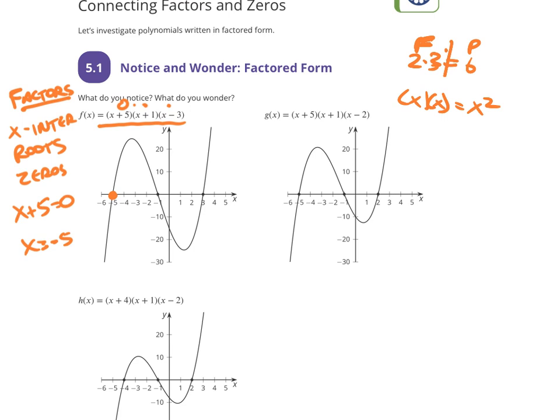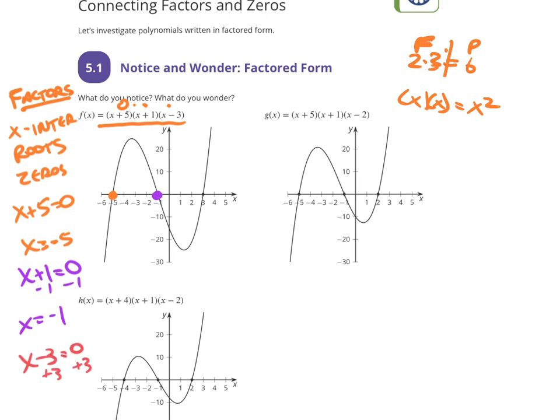Then we take our next factor, set that one equal to 0. Subtract 1 from both sides, x equals negative 1. This is our next factor or next root, zero, or x-intercept. And finally, for the last one, x minus 3 equal to 0.